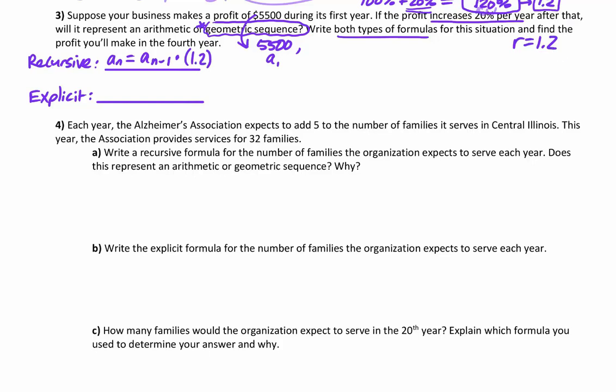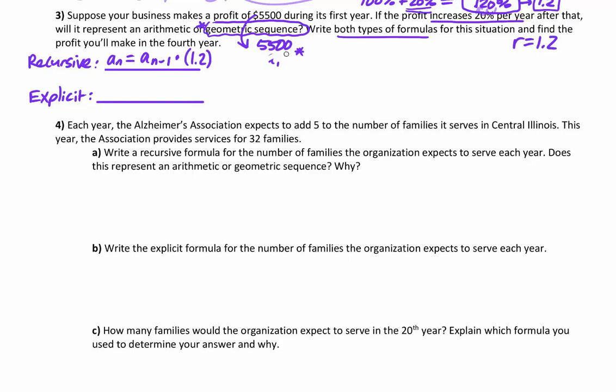You don't want to make the mistake of putting n minus 1 as an exponent on the recursive formula. Okay, n minus 1 is talking about the previous term. We don't need an exponent on here. The term we stand on is the previous term if I multiply by that number. What I do need, however, is this piece of information that I'm starting at 5,500.